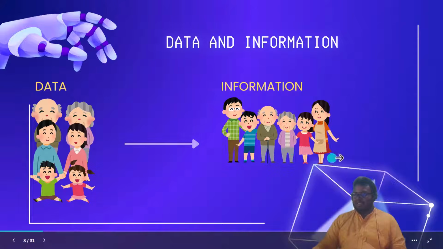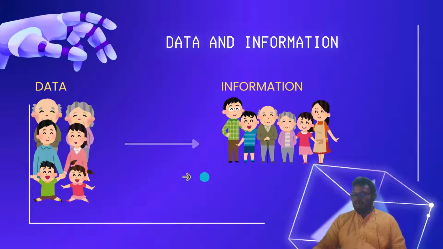But when we rearrange them in a family picture or family tree, you suddenly know who is related to whom. This is a family picture, right? Then you know this is a family. Same photos, but now you see that the photos tell a story, right?